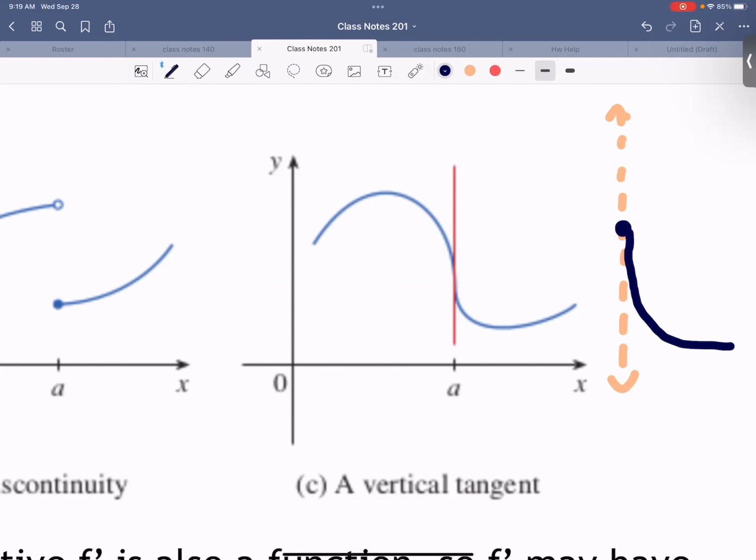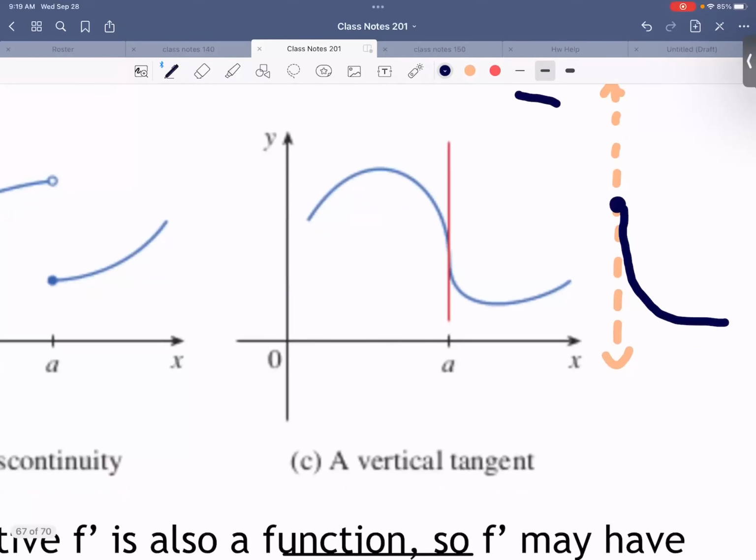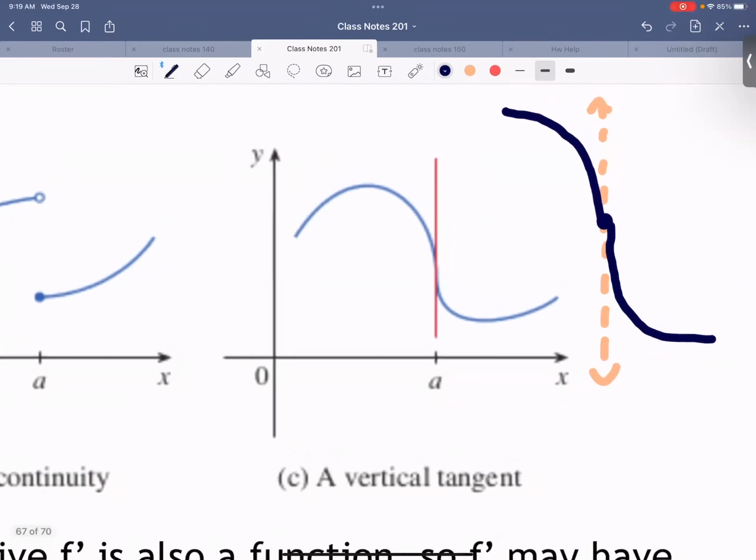Now over here on the left, we get closer and closer to this point. The function is still a function because it's changing as x changes, but it's getting closer and closer to this point in an infinite way. Does that make sense? So that's how we would have a vertical tangent line, because it's getting closer and closer on both sides to vertical, but it's not technically vertical. I know it's a little confusing. Does that kind of make sense?